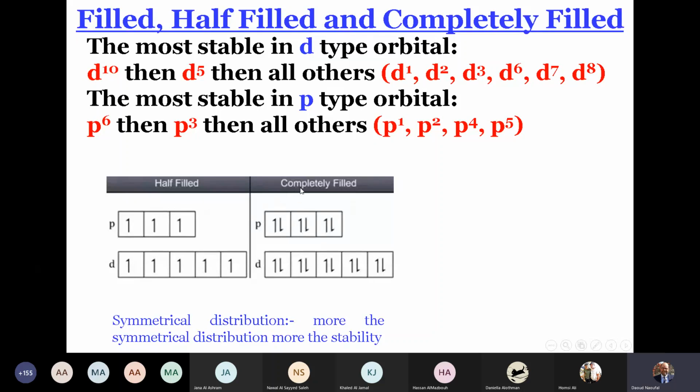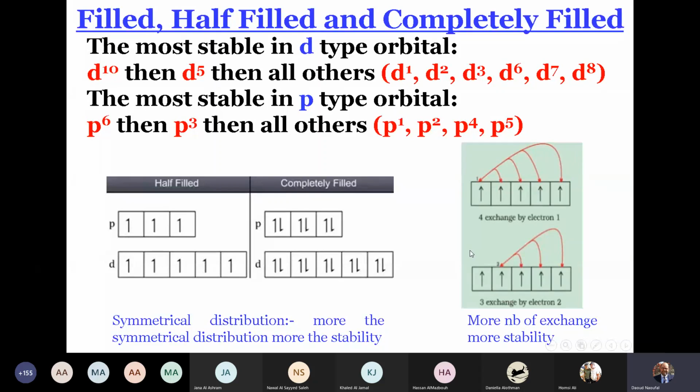Why are the completely filled and half filled orbitals very stable? This is due to the symmetrical distribution of the electrons. The more symmetrical the distribution, the more stable the orbital.